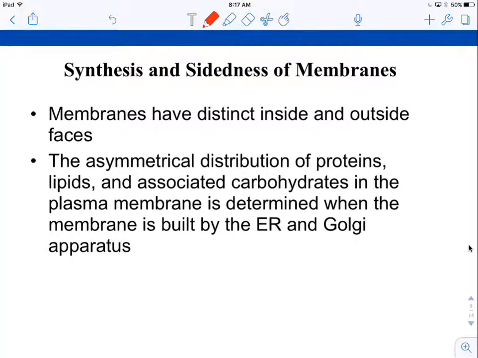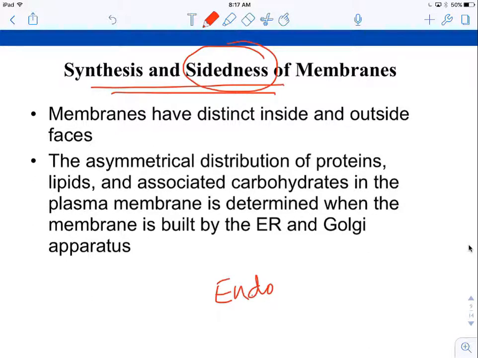Okay, so let's talk about where and how membranes are made, and also the sidedness of membranes, inside versus outside. And this has a lot to do with the endomembrane system that we learned about in chapter 6. Okay.